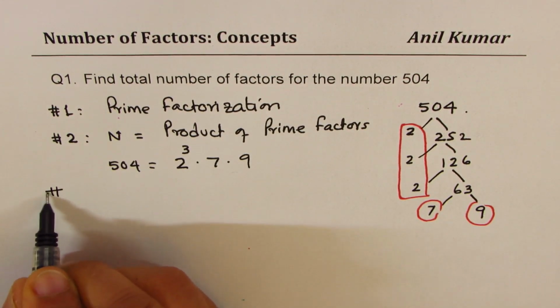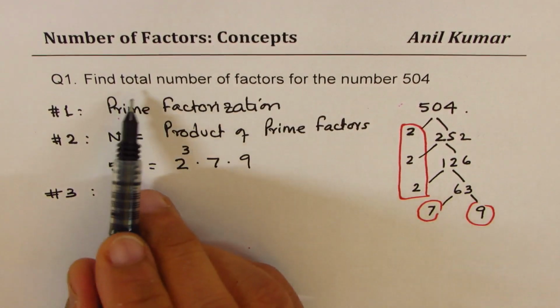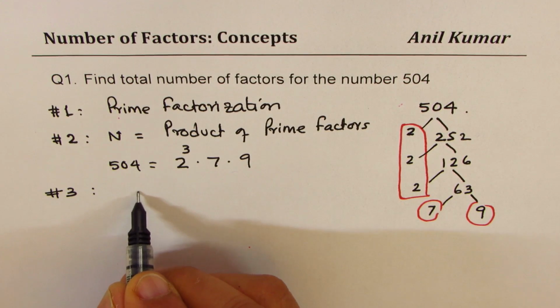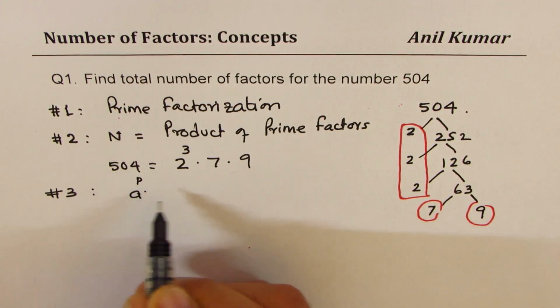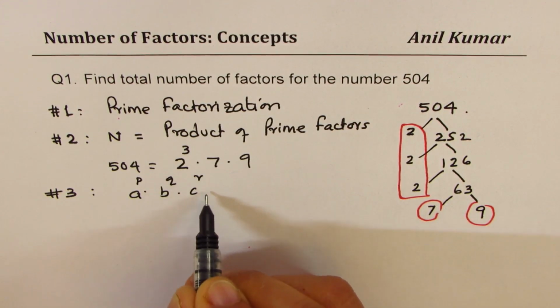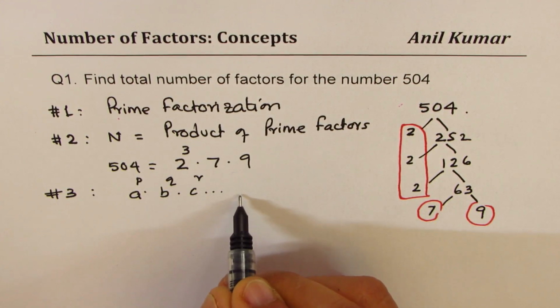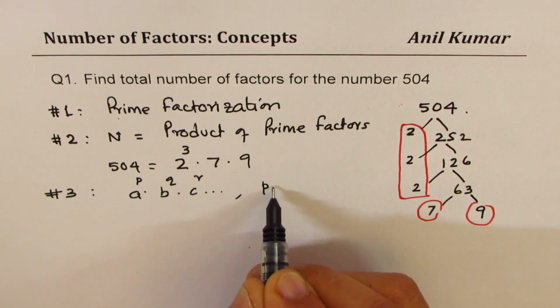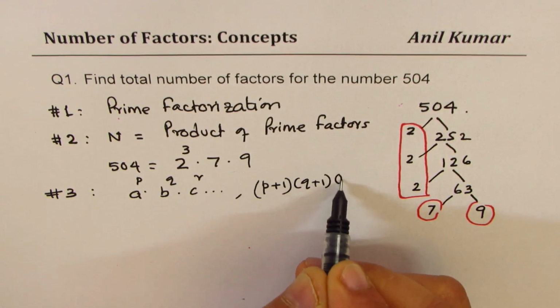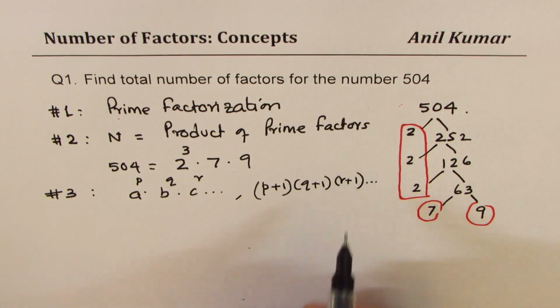And step number 3 is to get the number of factors using your formula, right? So the formula, if you remember, is a to the power of p times b to the power of q times c to the power of r, and so on. Then we know that the number of factors will be p plus 1 times q plus 1 times r plus 1, and so on. Is that okay?